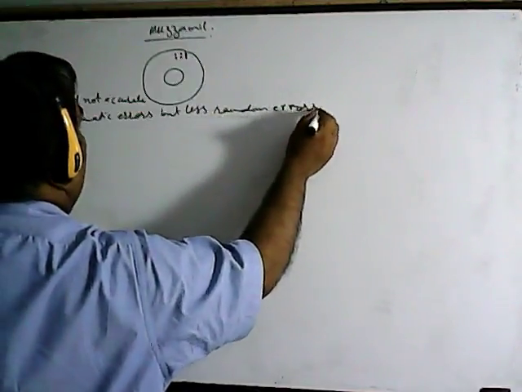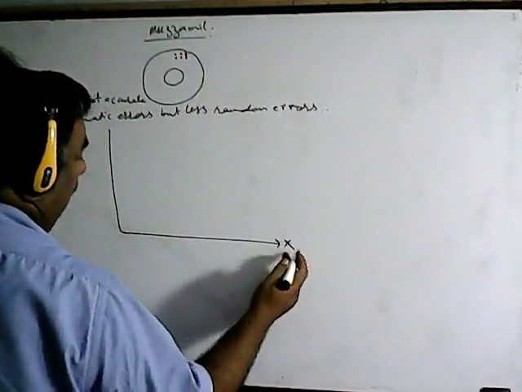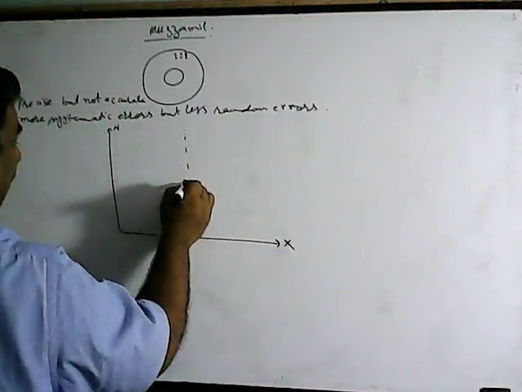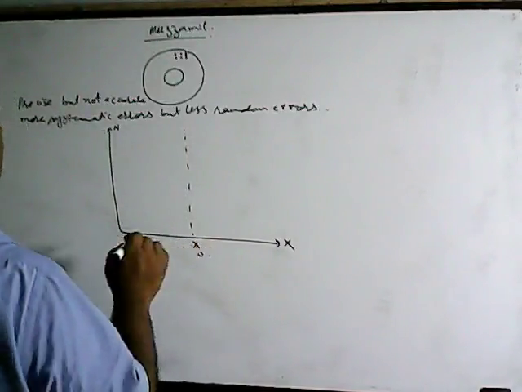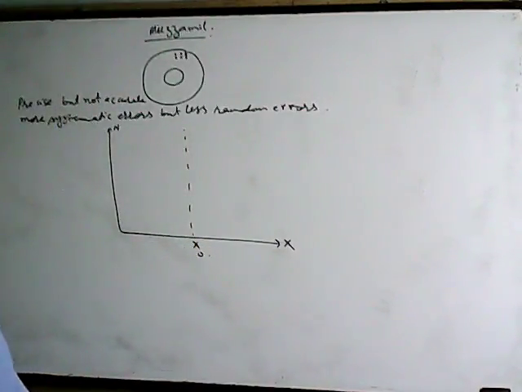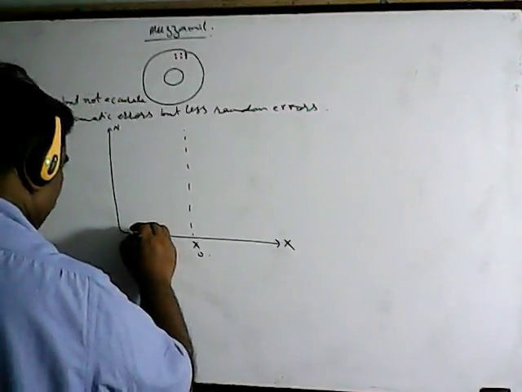Now let us see how his graph would be for these 12 values. This is x, the values of the physical quantity, this is n, the number of readings, and this is the average value x naught. Since he is precise but never near the actual value, I can make a loop over here, but the loop must be narrower.